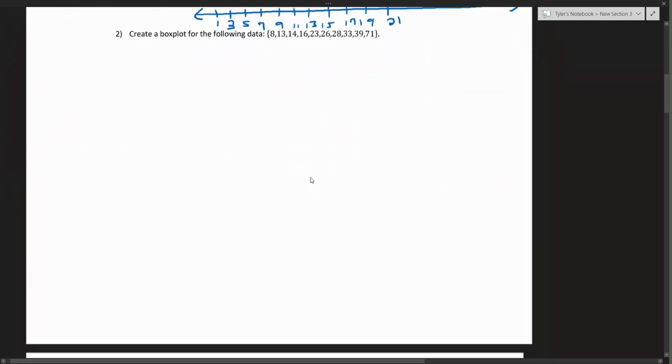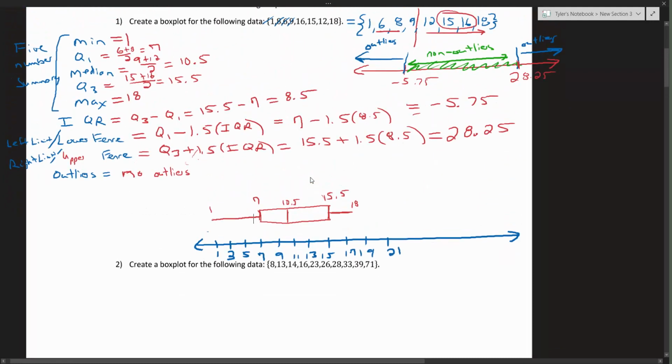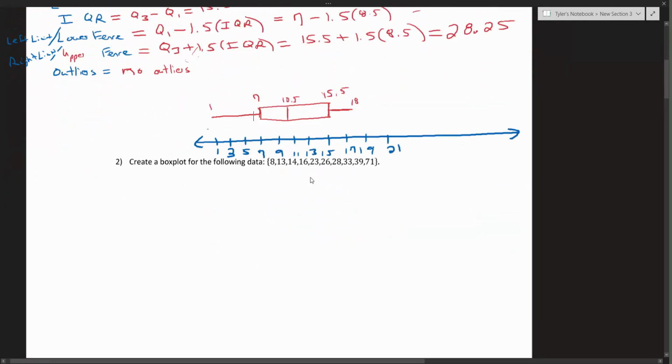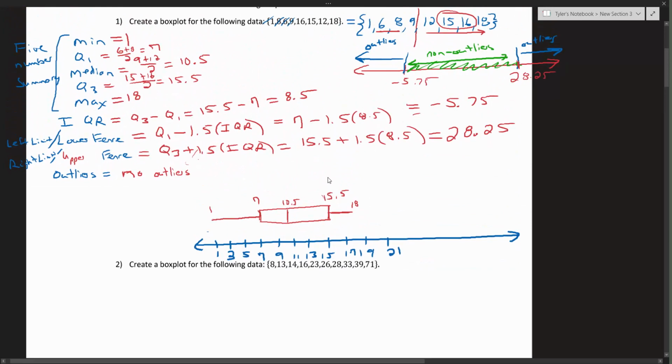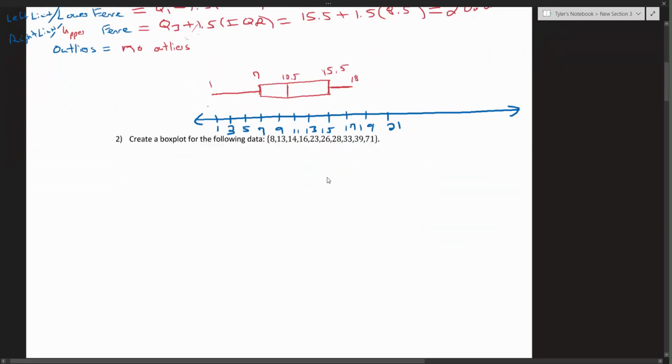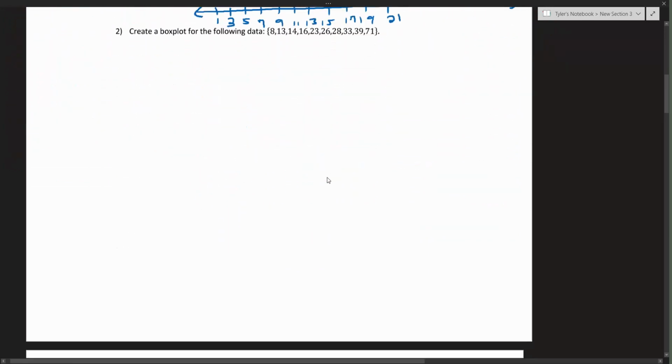So then the next two, I already put them in order from smallest to biggest just to make it a little easier to work through, right? So the first one I did out of order intentionally just to remind you that we need to put things in order so that way we can identify the median and quartiles, right? So these ones are already in order, but we still need to find the same things, right?